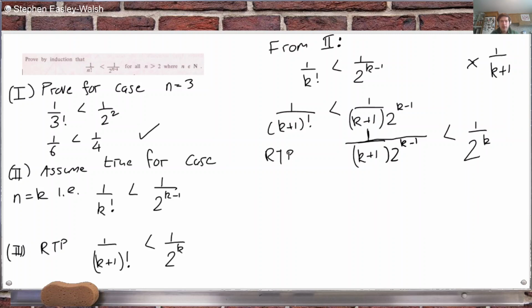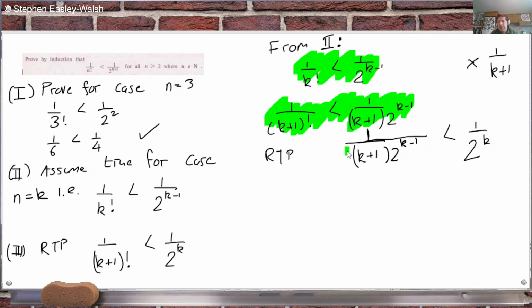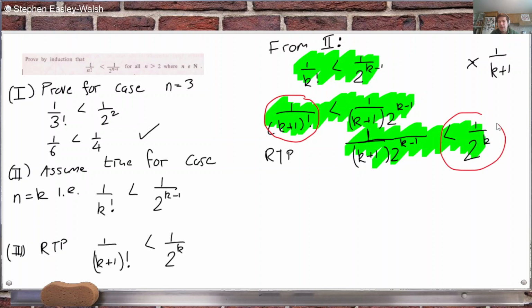So the logic here is that we started with something we're assuming is true, and we've shown that this is true. So if we can now show that this is true, then we've shown that this guy is less than this guy here, which is exactly what we need. So all that's left to prove is this inequality.